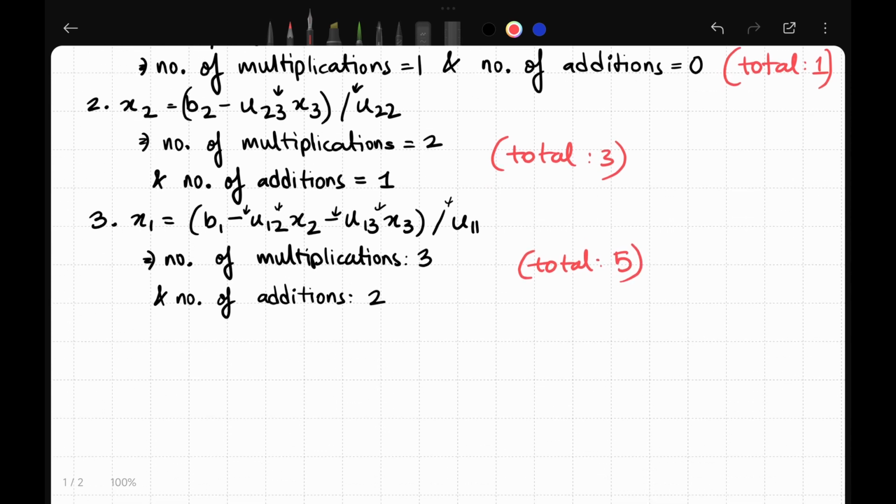Now if we add all of this up, the overall total would be 5 plus 3 plus 1, which is equal to 9.